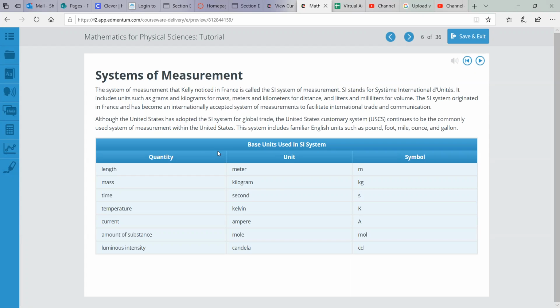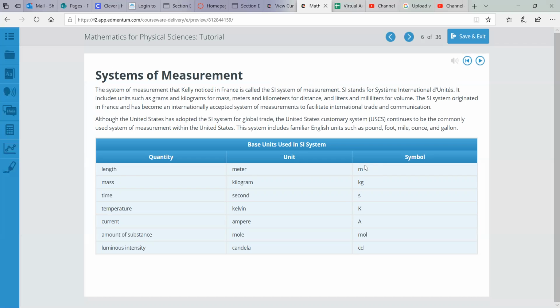So in France, it's known as the SI system from its French name. So anytime you hear grams, kilograms, meters, kilometers, liters, milliliters, that is the SI system. The US has adopted it and they use it in global trade because if everyone else is using this one system, you have to kind of learn the language.